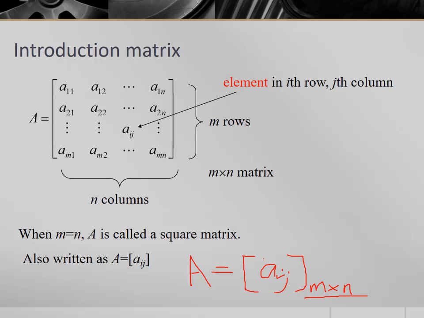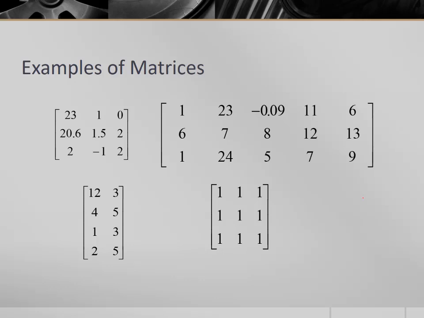This is the elements, but outside is the sides, which can tell you the sides. This matrix A we can also write using the dimension, A m by n. So generally we write it this way.